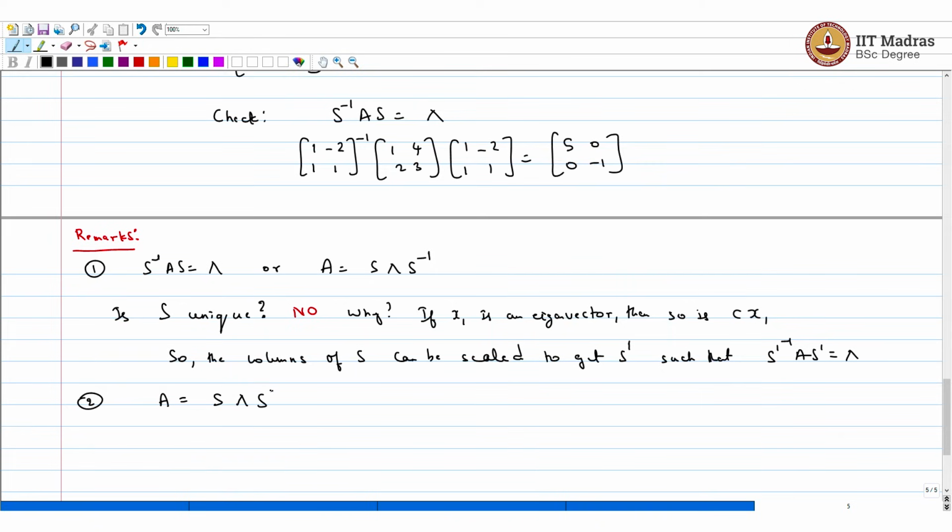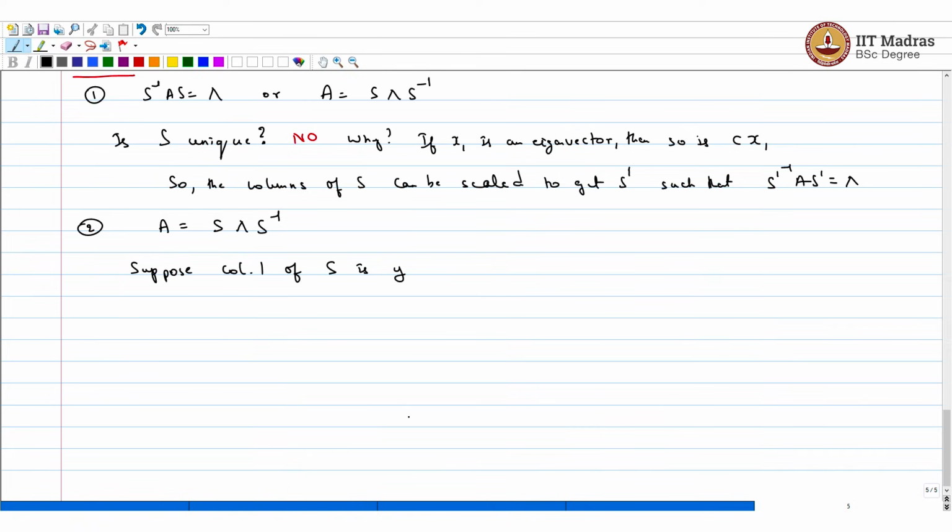Suppose A can be written like this, and suppose column 1 of S is Y. Now, what is column 1 of S lambda?